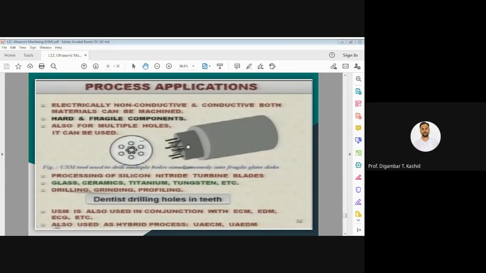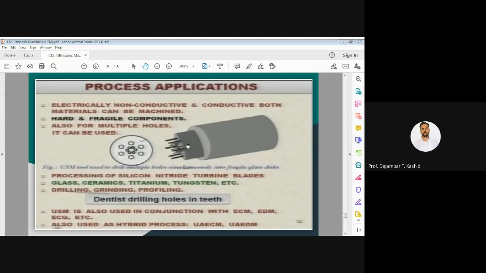Again, the USM tool is used to drill multiple holes simultaneously into a fragile glass disc also. Again, processing of a silicon nitride turbine blade, a turbine blade which is made up of silicon nitride, is also possible by using this process.